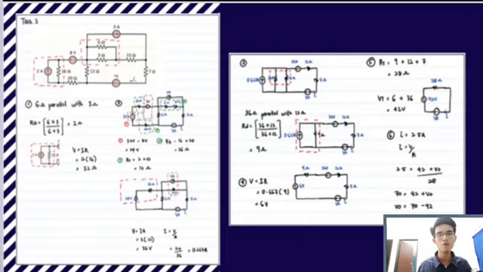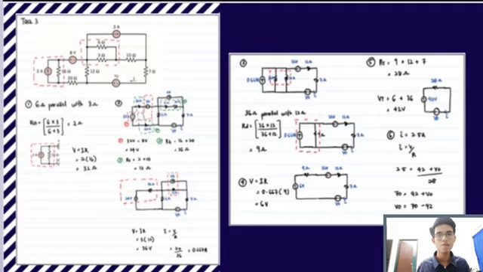For step number 4, redraw the circuit, combine 36 ohm with 12 ohm resistor. Furthermore, combine the current and resistor, which is 0.667 ampere with 9 ohm. For step 5, calculate the R total, which is 9 ohm plus 12 ohm plus 7 ohm, and then combine the voltage source 6 volt with 36 volt.